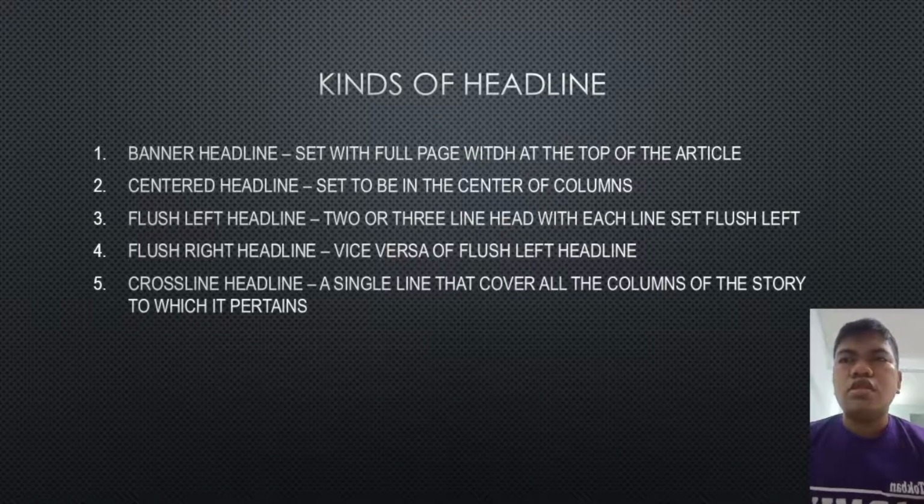The third headline is the flash left headline, which is the 2 or 3 line head with each line set flash left, while the flash right headline is the 2 or 3 line head with each line set flash right. So the fifth headline is the crossline headline, which is a single line that covers all the columns of the story to which it pertains.